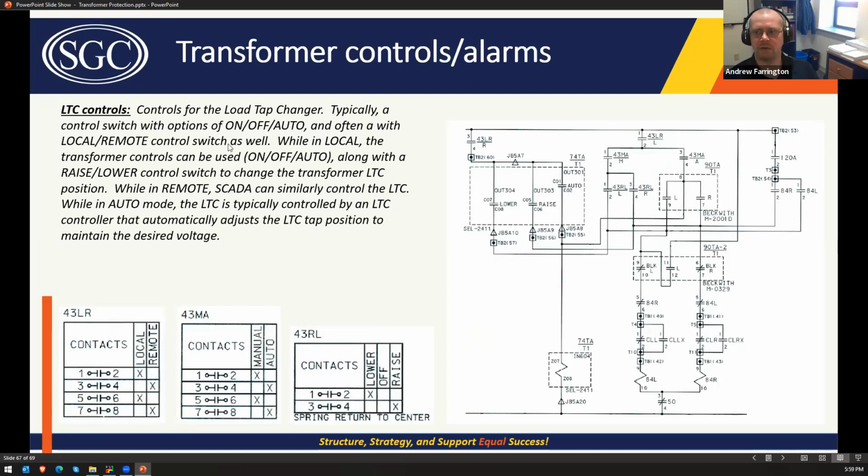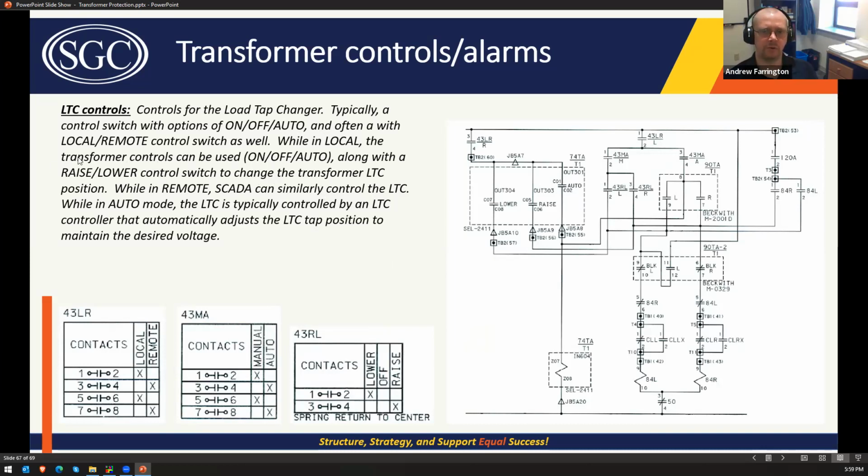You'll usually have a way to turn the LTC controls off. On would be manual control right there at the mechanism housing of the transformer, or the automatic control, and that's looking at the voltage on the LTC side of the transformer and trying to keep that within band.